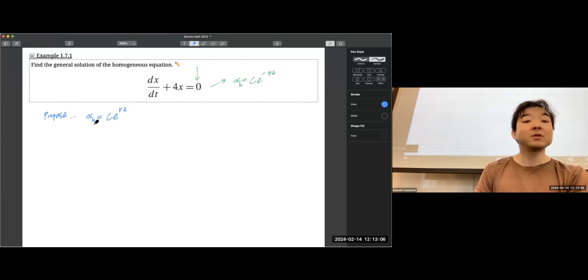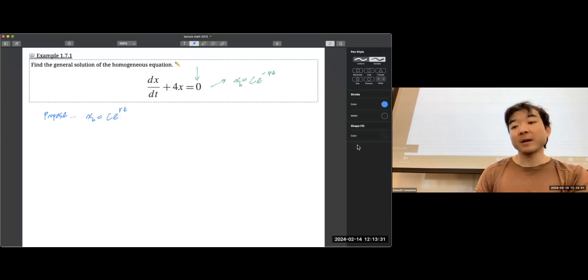This solution form is not surprising, and we clearly see that that's what we get at the end anyways. But you might say, well, I don't know exactly what the c and r are, but let's propose that it's going to be something of this form, because if I plug this into the derivative, you get e to the rt. Plug it into the x, you also get e to the rt, and it's a matter of finding the c and r that would make them add up to 0.